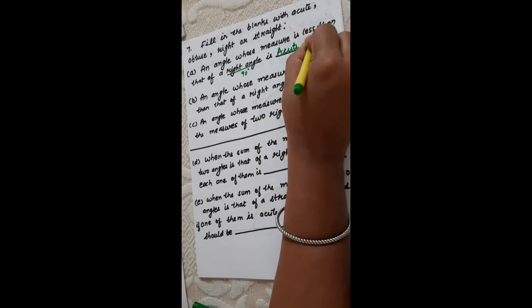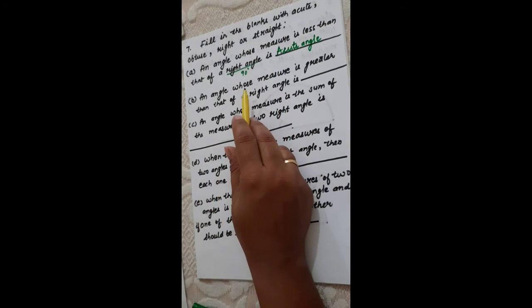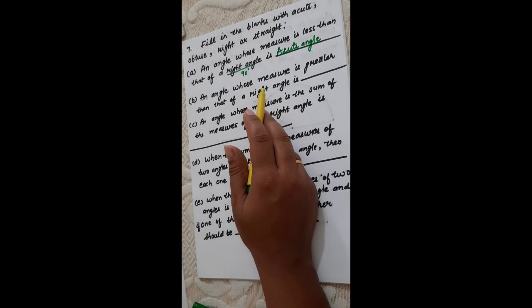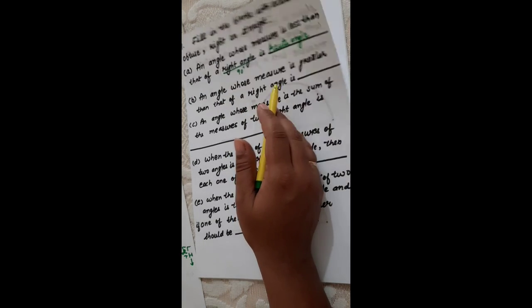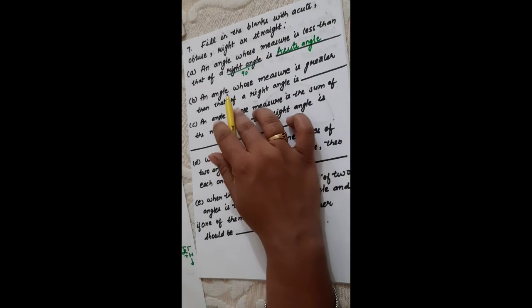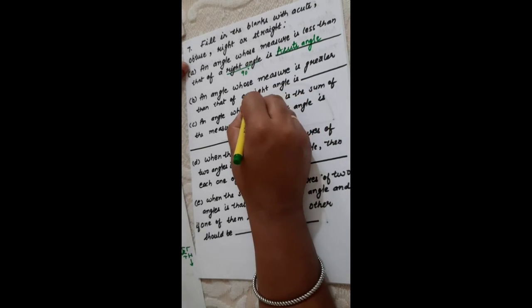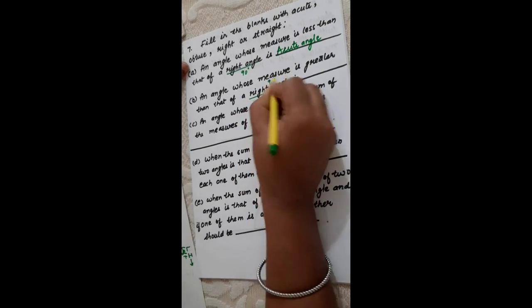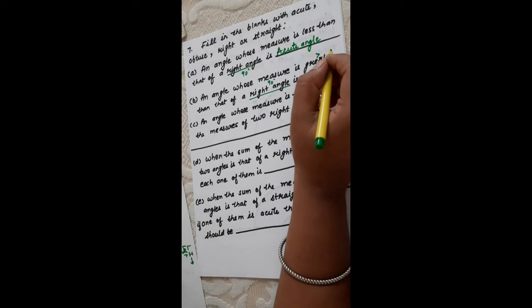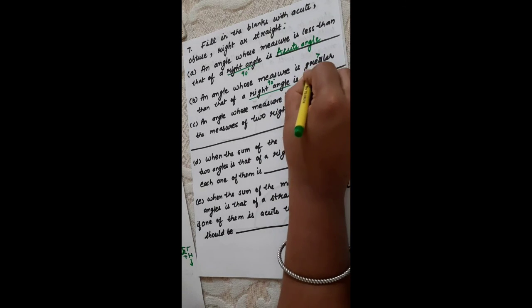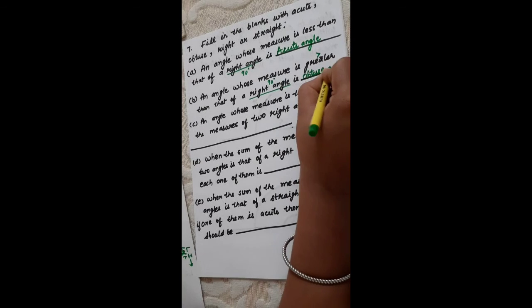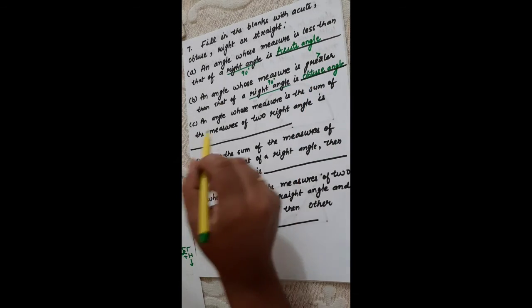Then next we have B part, an angle whose measure is greater than that of right angle, means an angle whose measure is greater than 90 degree, that is obtuse angle. So here the answer is obtuse angle.